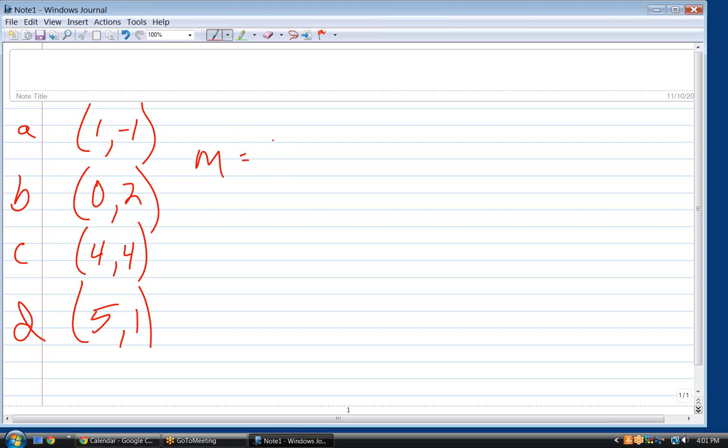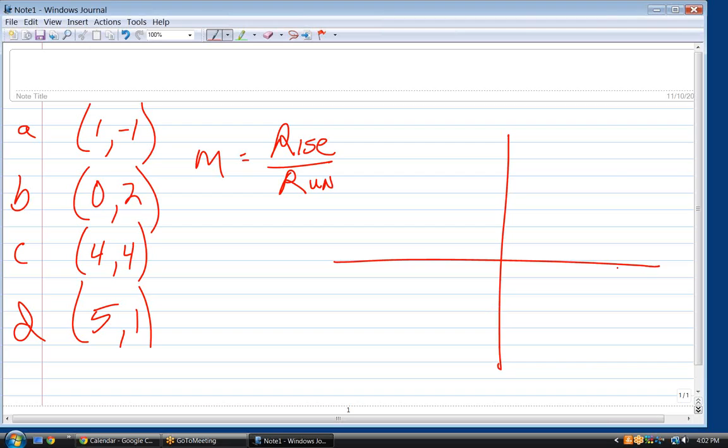Remember one very important thing about slope. That is what you should always remember, because that tells you what to do first. In other words, if it's rise over run, well, this is the rise, this is the run.